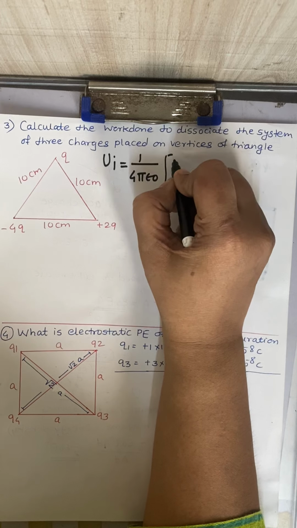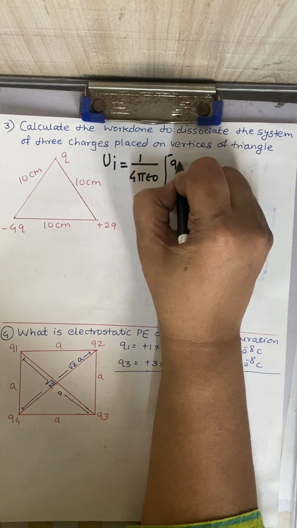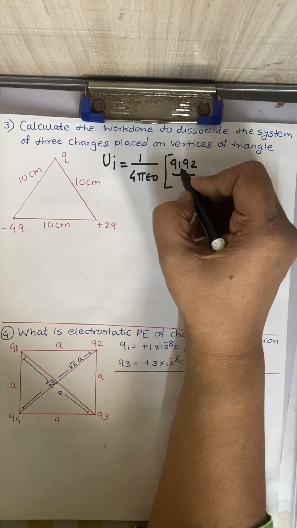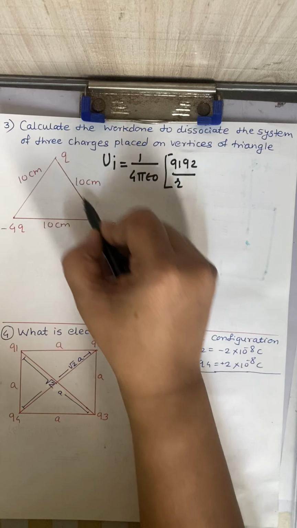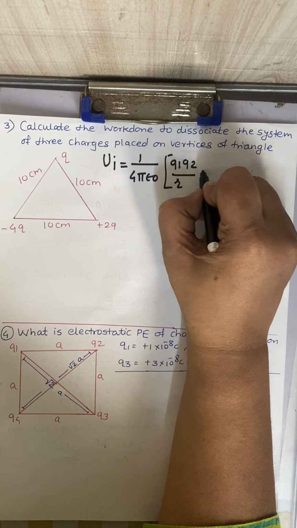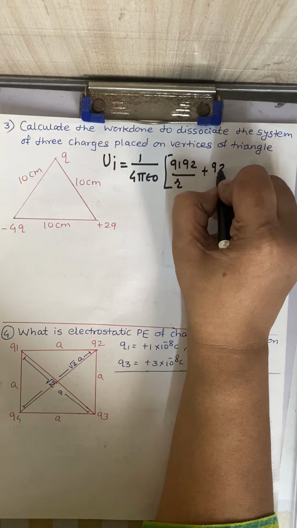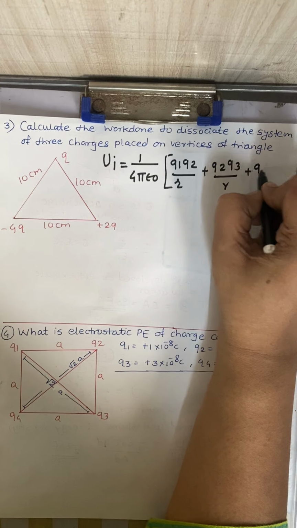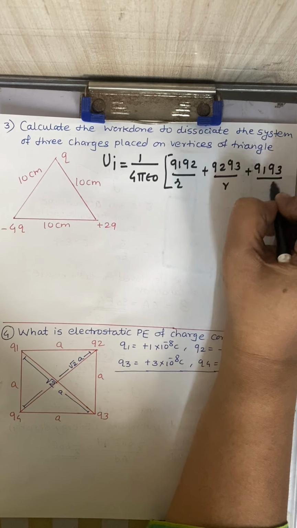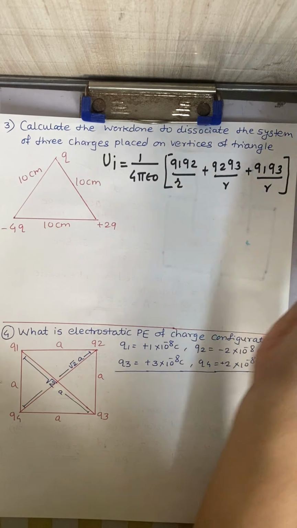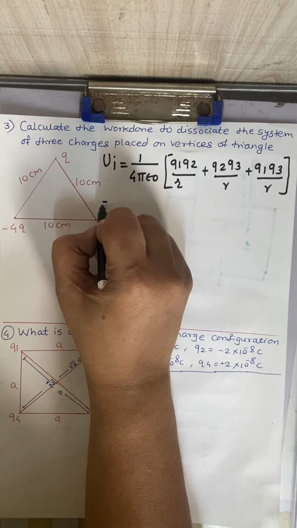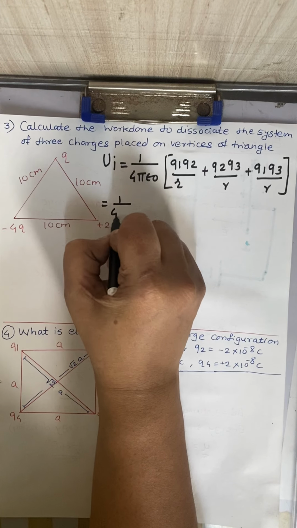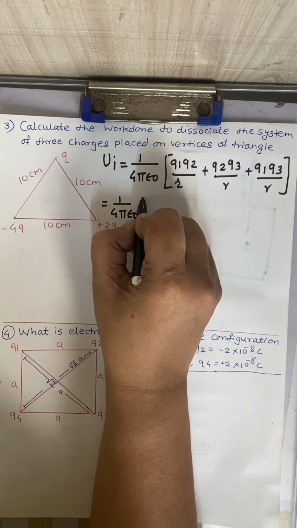So I will write down with respect to q1 q2 upon r, and r is the same distance for all three charges, so plus q2 q3 upon r plus q1 q3 upon r.